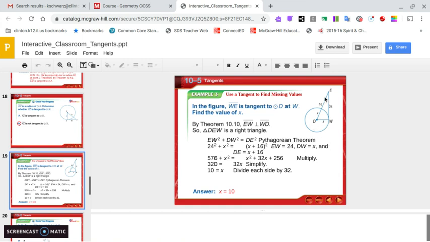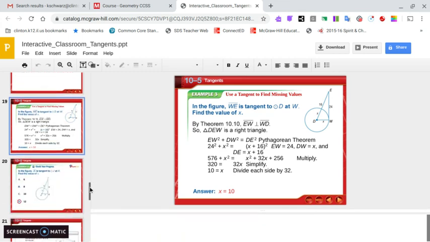A couple of things: this is a really common error right here. The length of DE is X plus 16. When you take X plus 16 times X plus 16, you have to distribute. Again, we take X times X, X times 16, 16 times X, and 16 times 16, and then simplify from there.